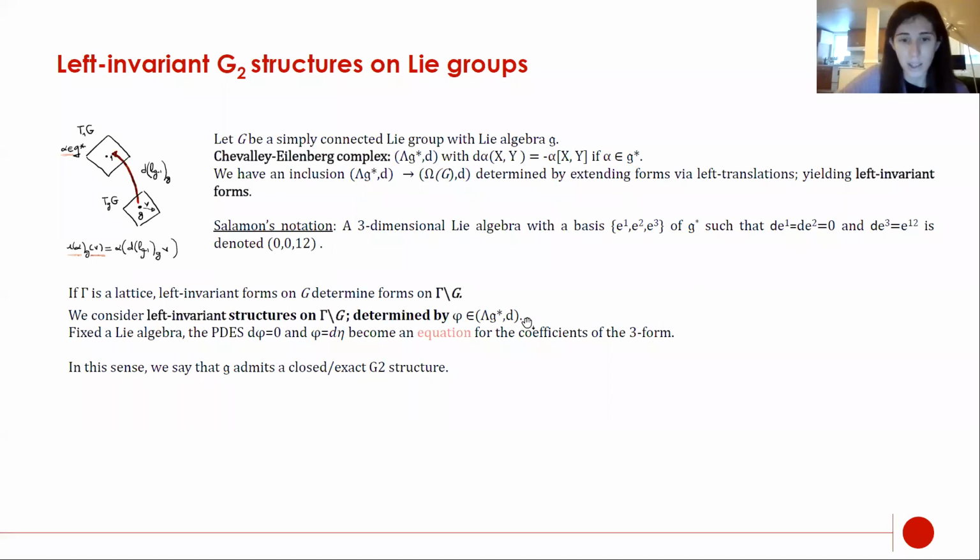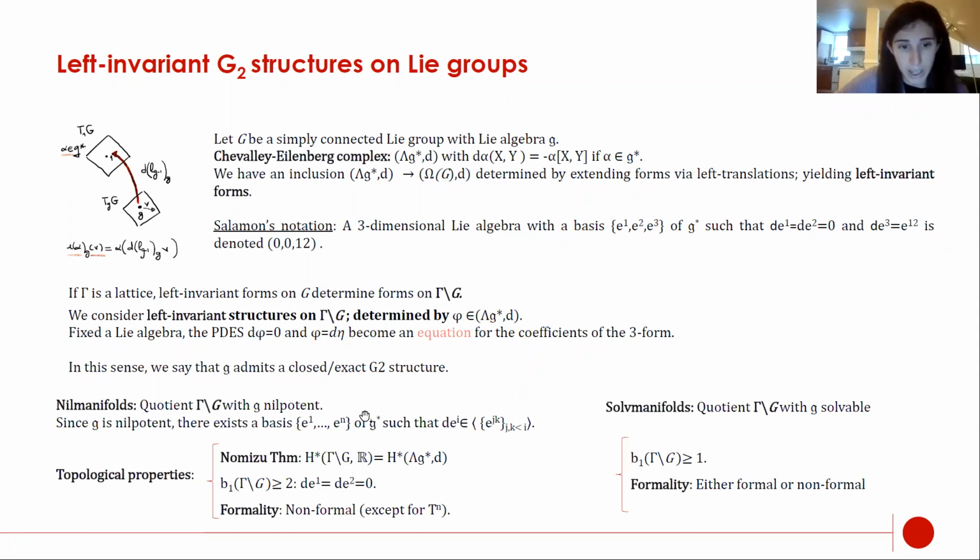That's useful because if we fix the Lie algebra, we have some differential equations like the three form being closed or being exact. But with this type of structure, what we really have is an equation for the coefficients of the three form, but it's no longer a differential equation. And in this sense, we'll say that the Lie algebra admits a closed or an exact G2 structure, because all the information of the compact quotient is encoded by the Chevalley-Eilenberg complex, which only depends on the Lie group and not on the lattice.